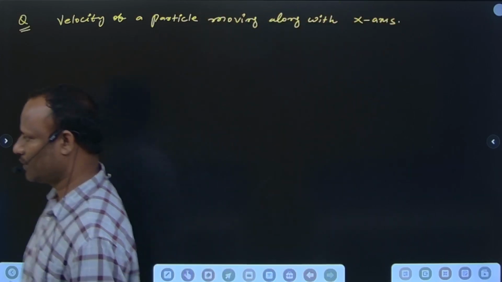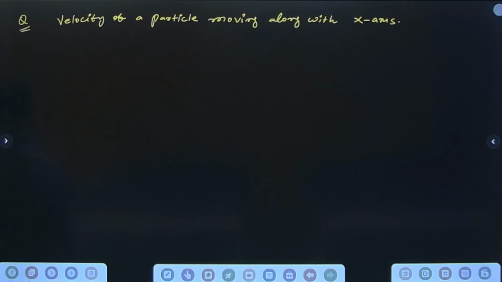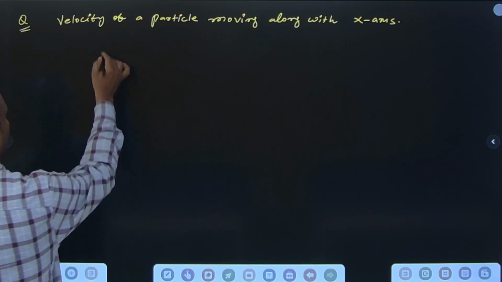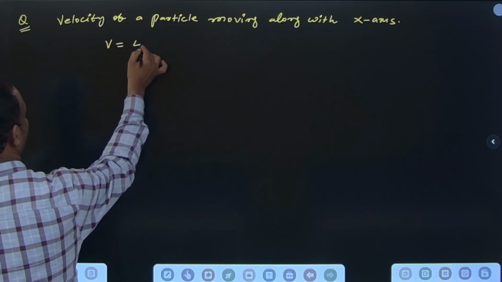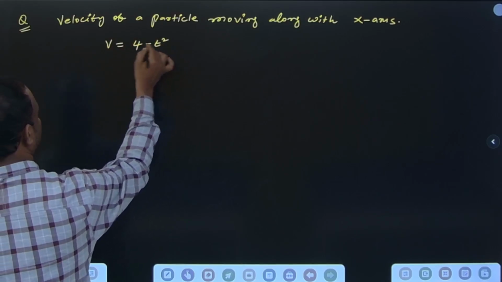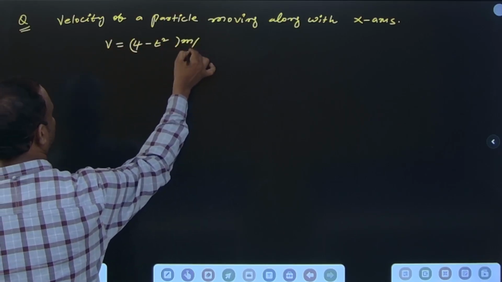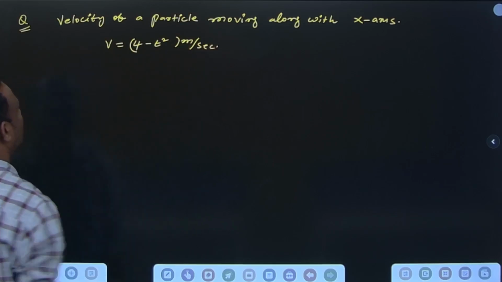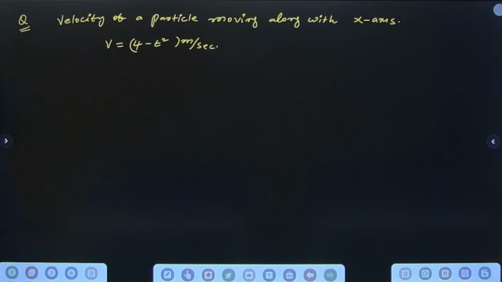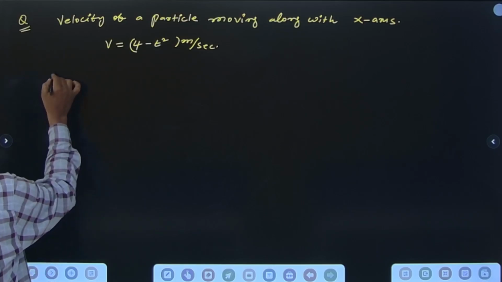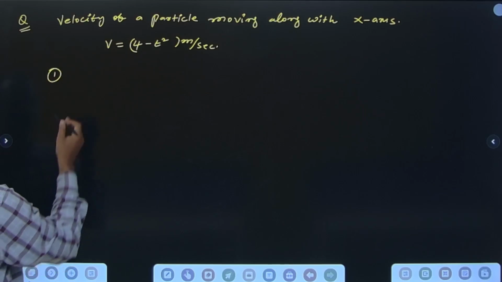The velocity of the particle is v = 4 − t² meter per second. Here v is the velocity and t is the time. Then calculate, first, the average acceleration.